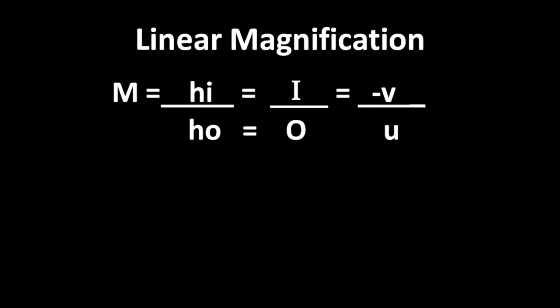This we will be studying later on, but it is represented by Hi upon Ho. You may also come across I upon O. This ratio is equal to minus V upon U, where V is the image distance and U is the object distance.